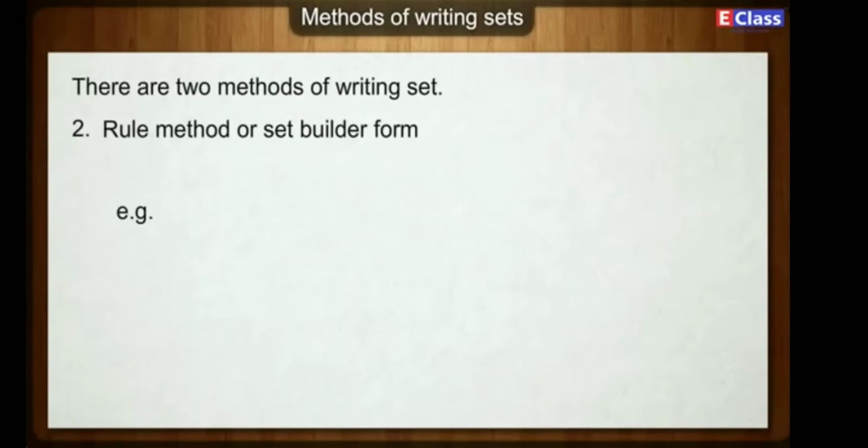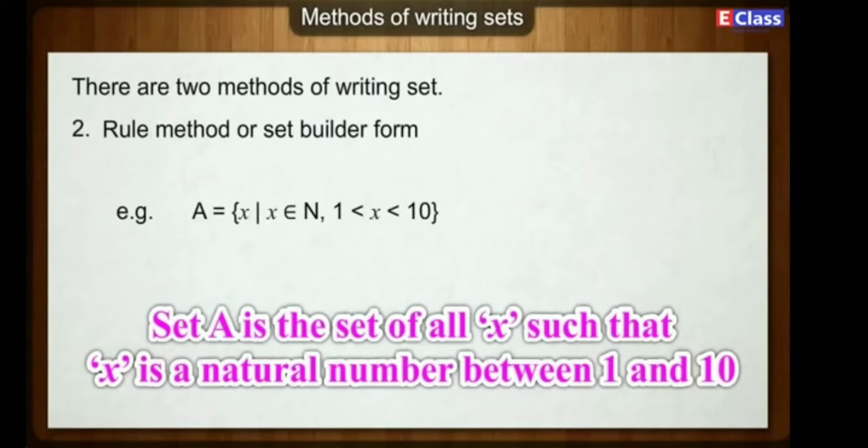Example: A = {x | x belongs to N, 1 < x < 10}, and read as set A is the set of all x such that x is a natural number between 1 and 10.